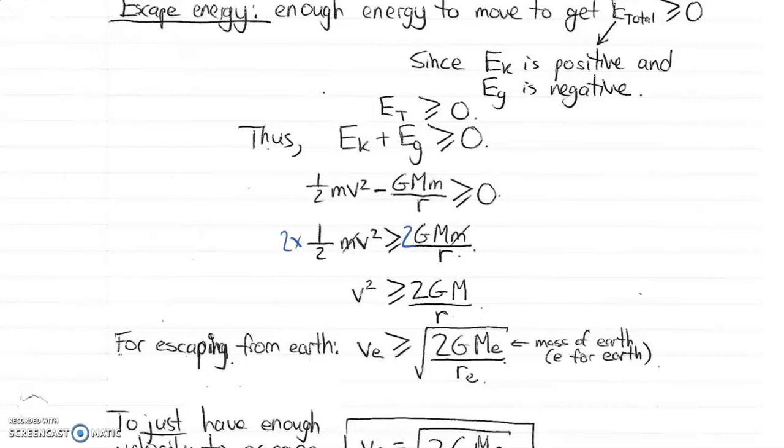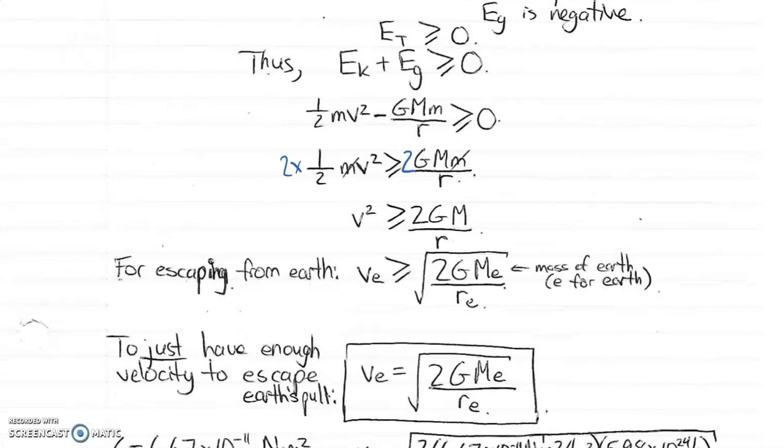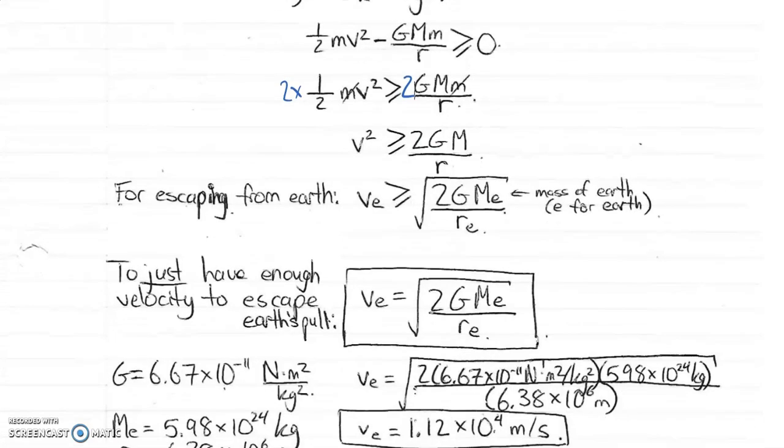That gets me 2GM over r. And then I take the square root. And that square root suggests that any velocity that is equal to this or bigger than this is going to be high enough to allow me to completely escape from the gravitational pull of Earth, which is quite remarkable that we can actually find this.